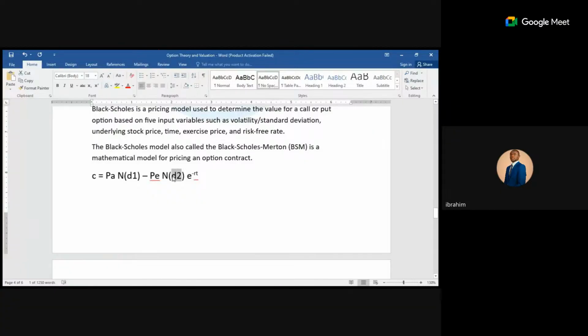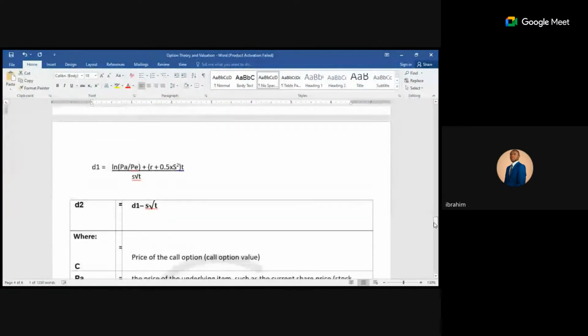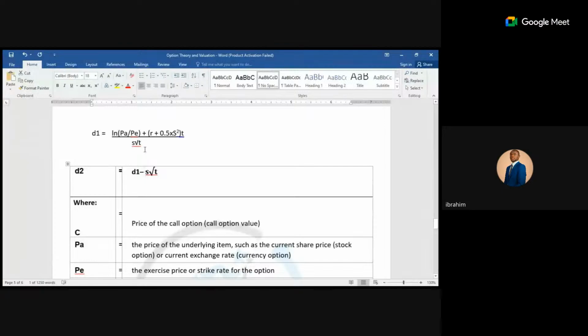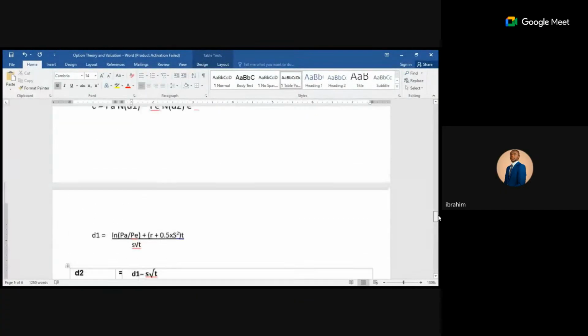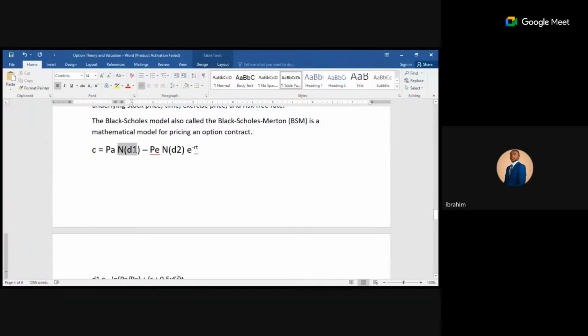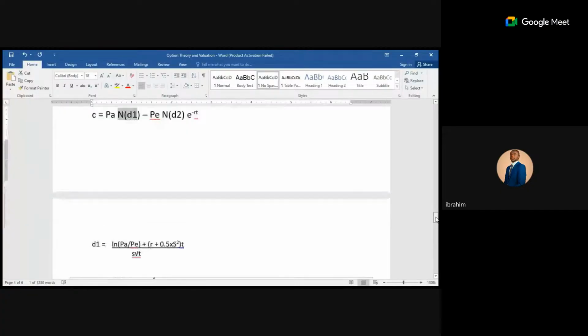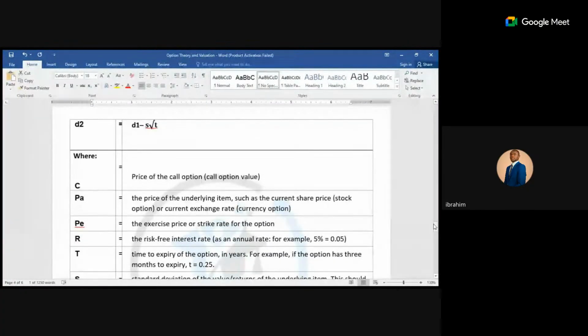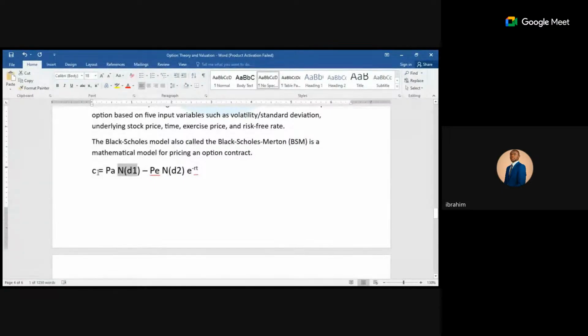D2 is equal to D1, meaning what you have here, you can minus S square root of T from it. You have D2. We are here to define N(d1), where C here is the call price or the call option.